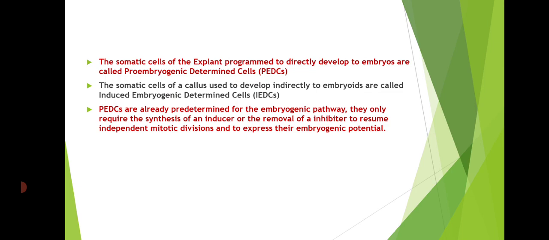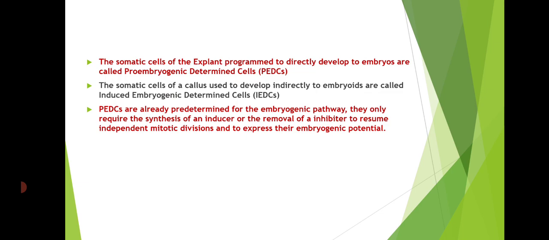Wherever we see PDCs and IDCs, PDCs are already predetermined for the embryogenic pathway. They only require the synthesis of an inducer or removal of an inhibitor to resume independent mitotic divisions and to express their embryonic potential.